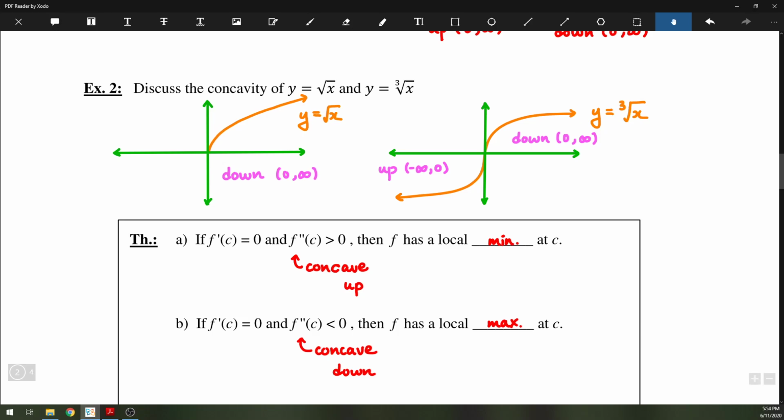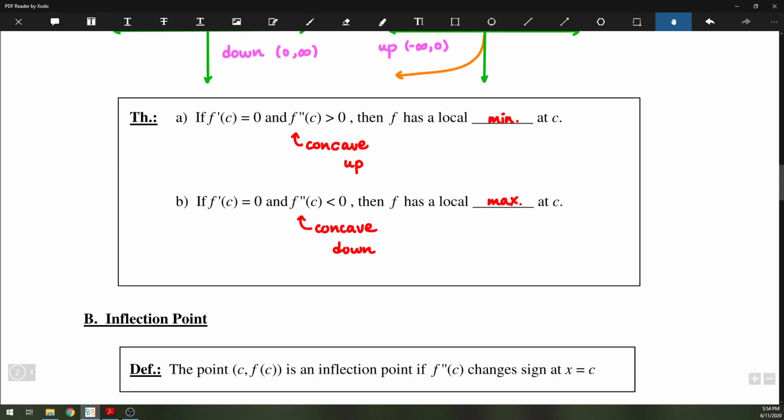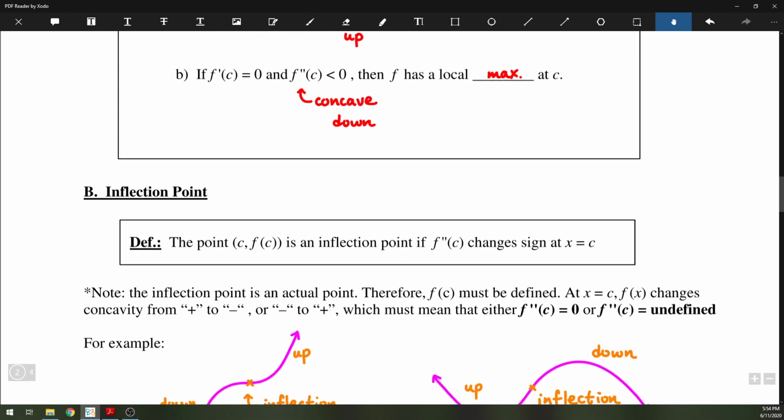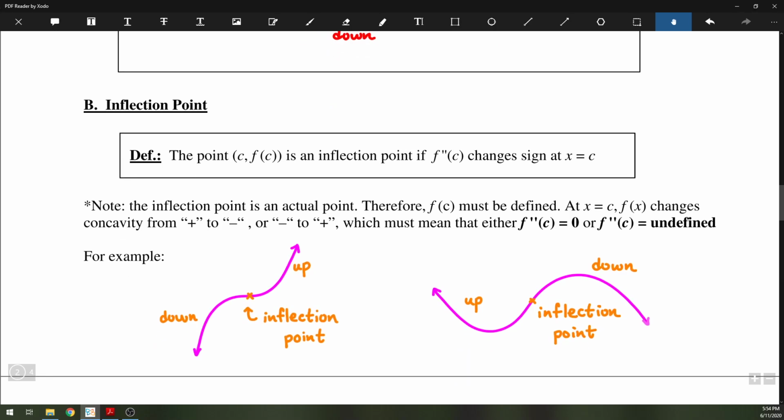Okay. So far we have inflection points that are from cubic functions. Of course, there are other inflection points that are possible. The definition of an inflection point is that if the second derivative changes sign at c, then (c, f of c) is an inflection point.